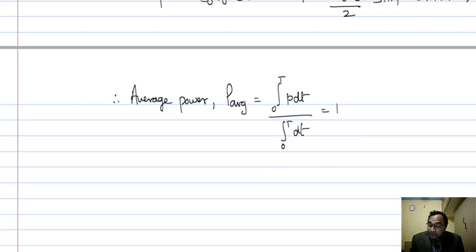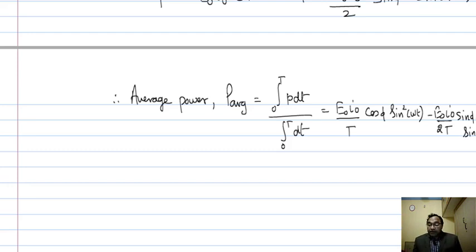First term is E naught I naught, denominator is T, and cos phi sin square omega t. This is the first term, minus E naught I naught by 2T and sin phi and sin 2 omega t. This is what we get. This is to be integrated from 0 to T.